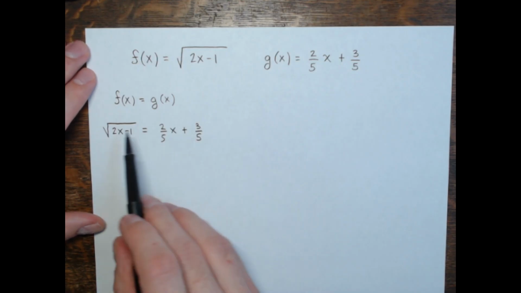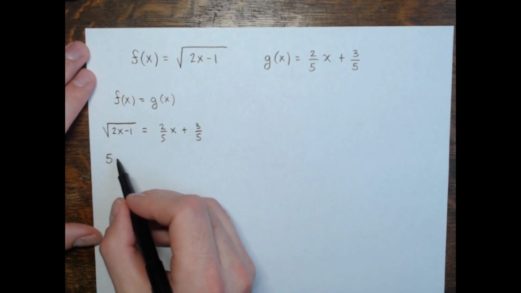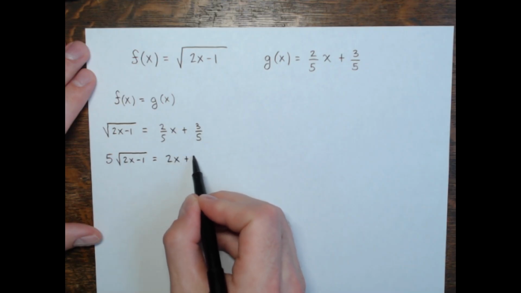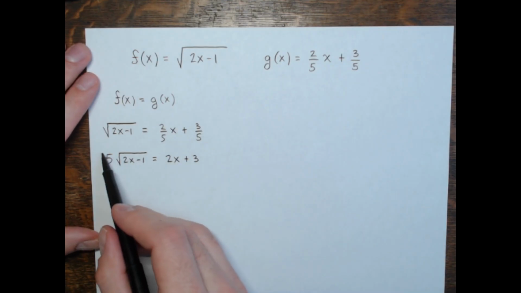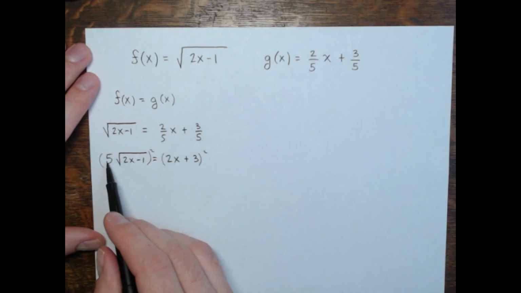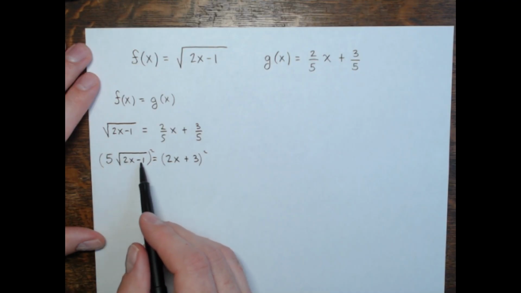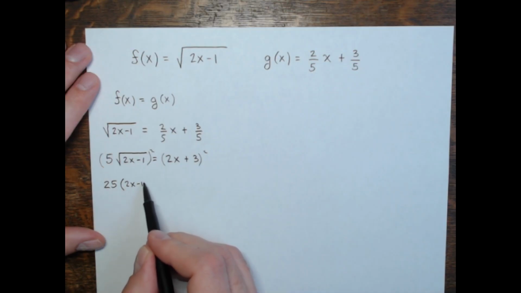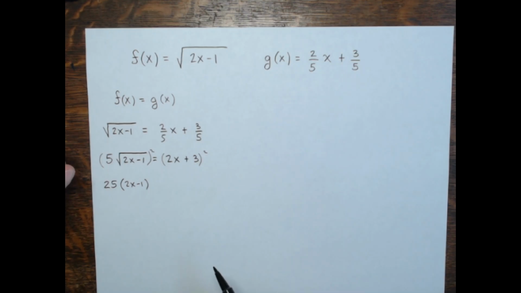Now, if you'd like, you can multiply everything by 5. Put the 5 over here with the square root. And then you would just have 2x plus 3 on the right side. And then you would square both sides to get rid of that square root. Now, this would be 5 squared times this. So you got 25 times the quantity 2x minus 1, right? Squaring gets rid of that square root.